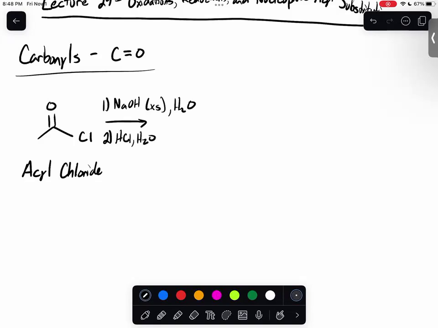Normally, if I were to give you this as a question, you may think to yourself, what's going to happen? Because we do clearly have a strong nucleophile around here, strong nucleophile slash strong base.